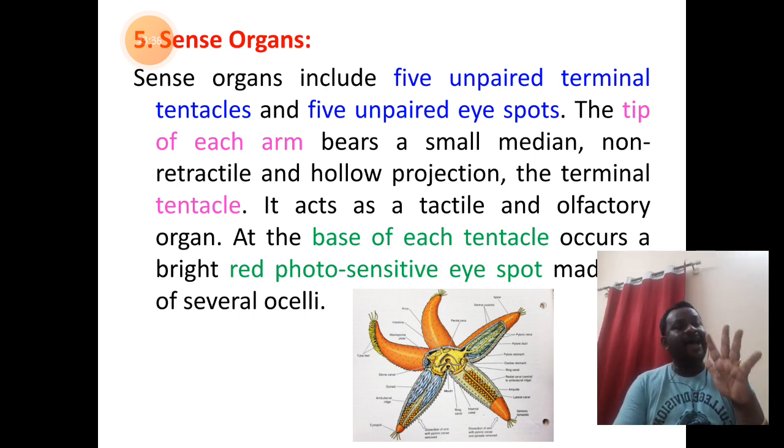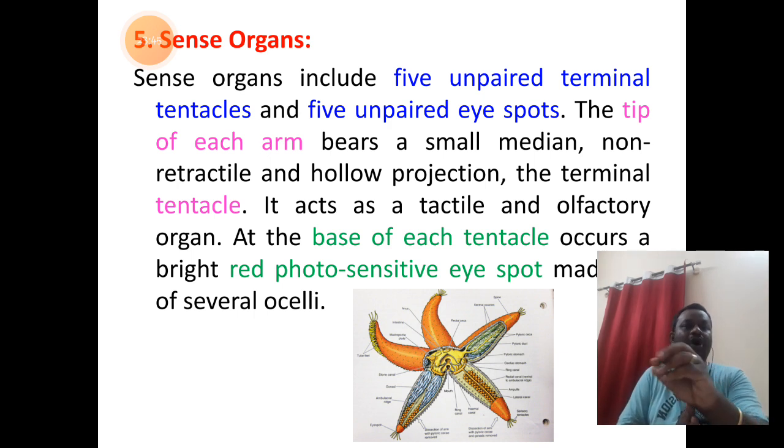It includes 5 unpaired terminal tentacles, which means to say each of the arms towards its tip has tentacles, and 5 unpaired eye spots. So at the base of each of the tentacles, we find the structure of eye spots.